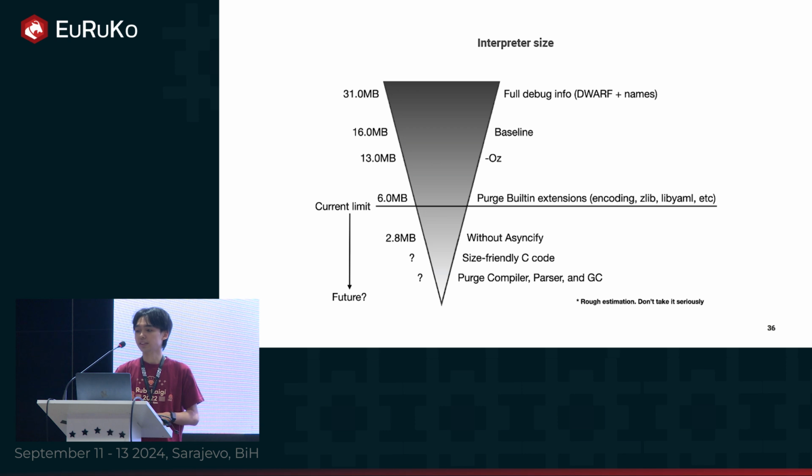Digging into the binary size, there are several optimization opportunities in terms of the interpreter design and the hacks we applied to achieve some features like exceptions and fibers, and also we can apply some compiler optimizations to make it binary size friendly.